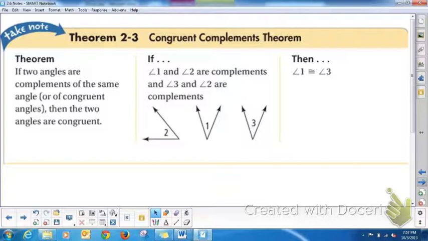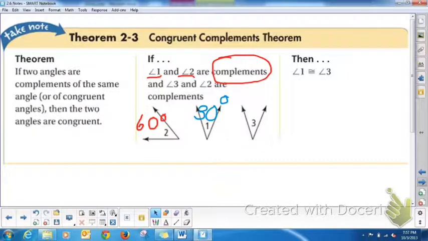Let's put in some hypothetical numbers here. Let's say, for instance, angle 2 is 60 degrees. If angle 2 is 60 degrees, and angle 1 and angle 2 are complements, then that means together their sum is 90. So 90 minus 60, that must mean that angle 1 is 30 degrees.